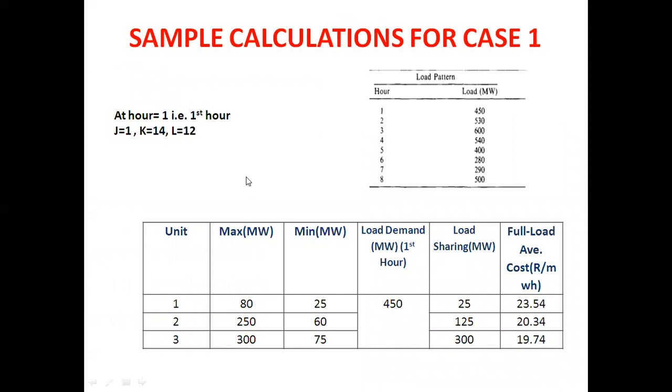Now for the first hour, state 14, and the initial condition is 12. The load demand we have to meet is 450. So here it is clear that at the first hour with k equal to 14 state, 3 units are on, that is units 1, 2 and 3.